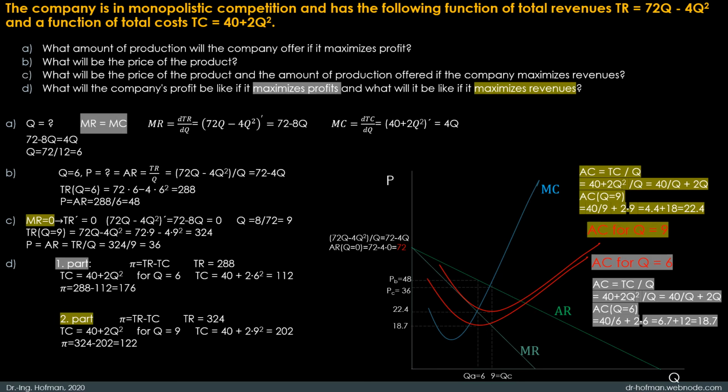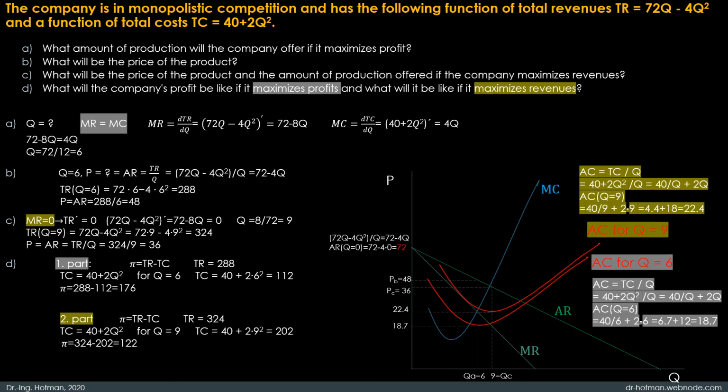From here I have a nice equation with one single Q, and I can say that Q is 72/12, which is 6. And I got the optimum size of the product. Optimum amount of the product is 6 units of production.